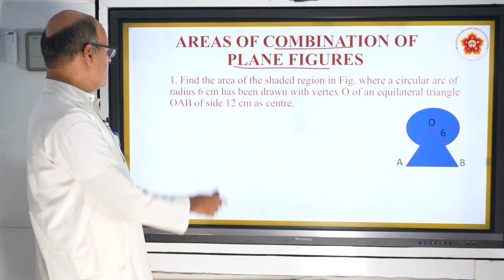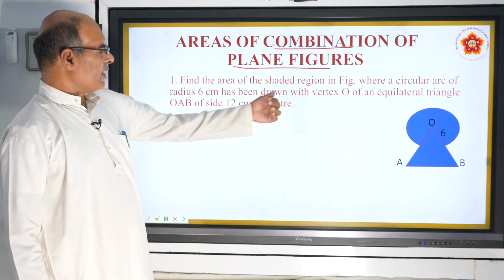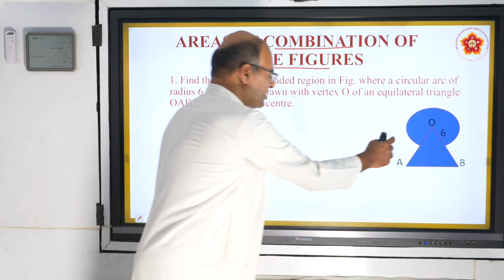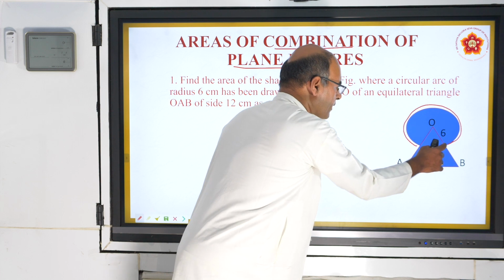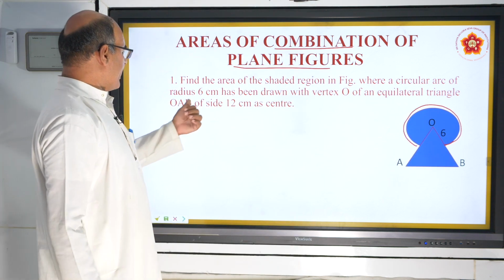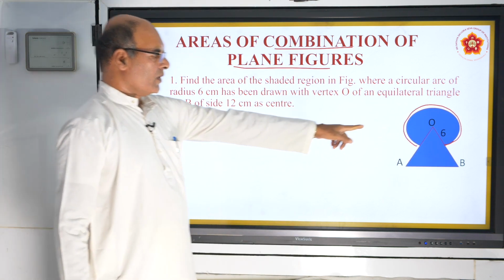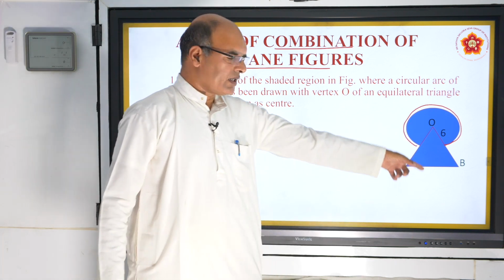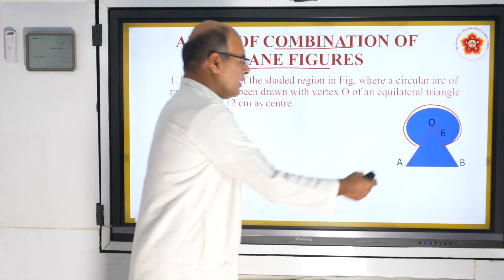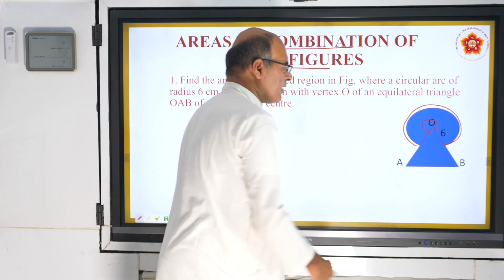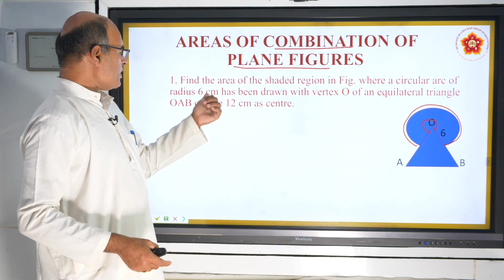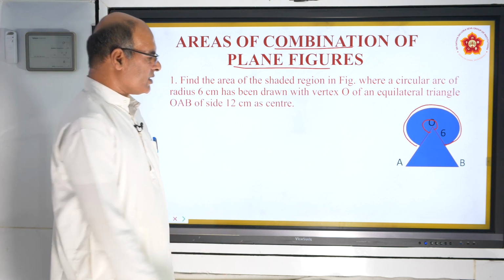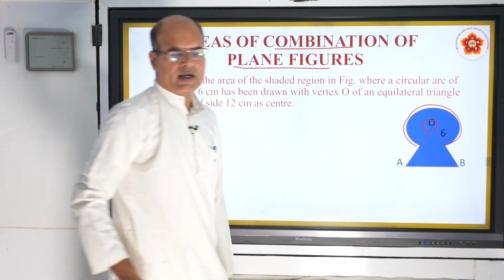Carefully read the question. Find the area of the shaded region in the figure, where a circular arc of radius 6 centimeter has been drawn with the vertex O of an equilateral triangle. To calculate the area of the sector, we need the radius. Radius is given as 6 centimeter. And we need the angle. Let us calculate it. It is given that this triangle is an equilateral triangle.